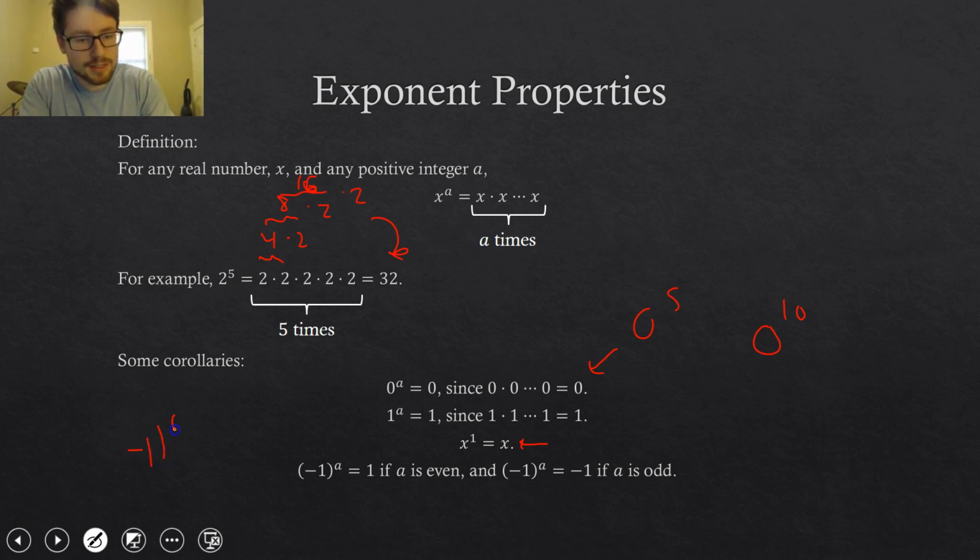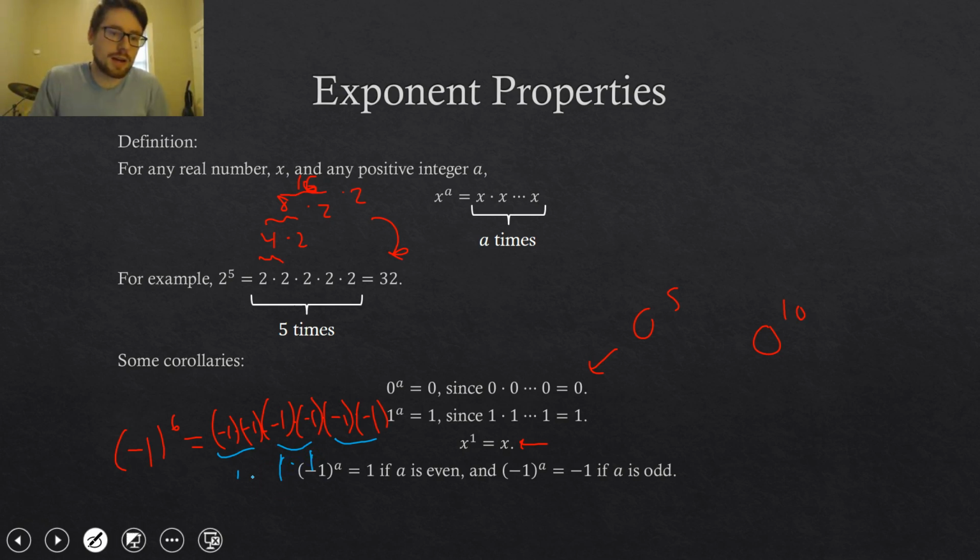Negative 1 to the 6th power, you have negative 1, and then another negative 1, and then another negative 1, and you see how many negatives there are at the end of the day. Each pair would give you a positive 1 out. So we can see our pairs here: here's a pair, there's a pair, and there's a pair. Each one of those is 1, and 1 times itself 3 times is going to get you 1 out.